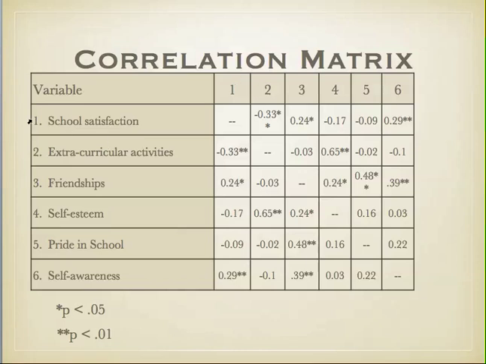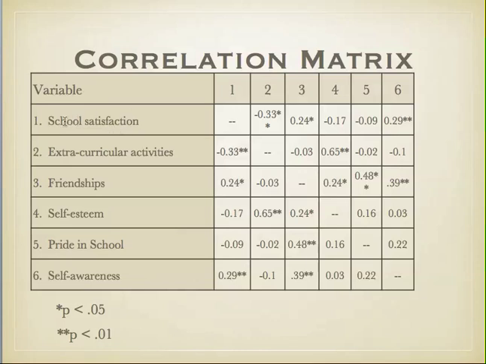And you'll notice that the numbers 1, 2, 3, 4, 5, and 6 on this side are the various variables. These variables are also across the top, although they don't have the names of the variables written. We just assume this is the first variable and number 2 is the second variable and so on. It's not significant if a variable correlates with itself. We know that it does.